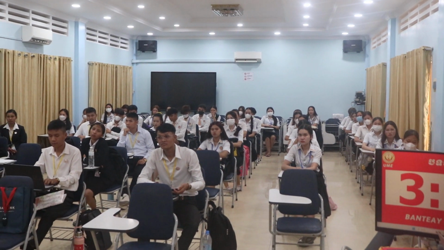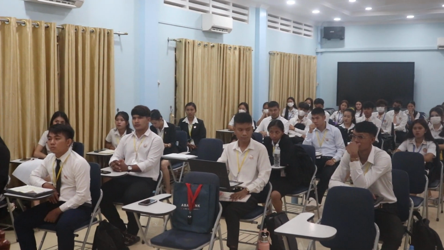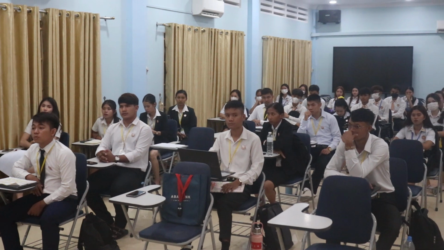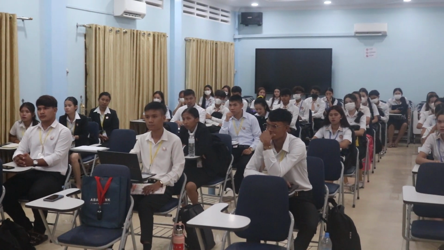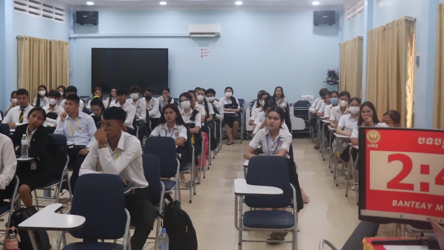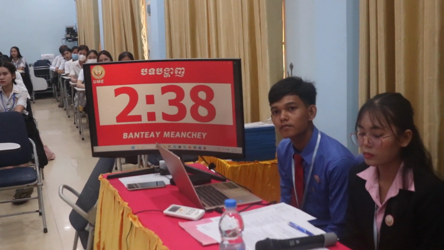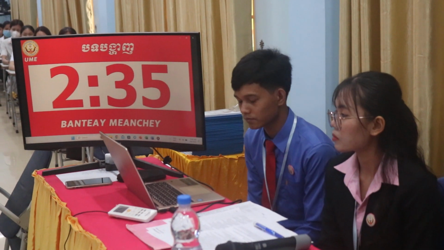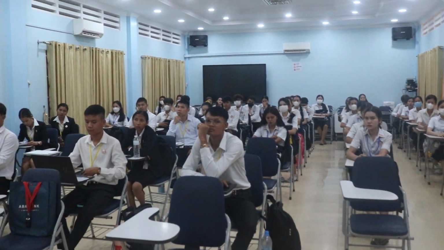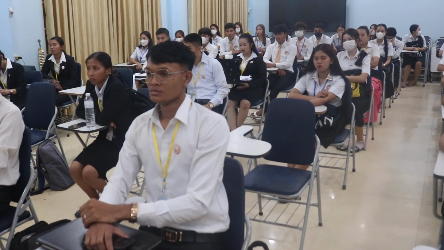Let's talk about their age: 18 to 25, 10%; 26 to 35, 20%; 36 to 45, 30%; and over 46, 40%. Their general English level: elementary 10%, pre-intermediate 20%, intermediate 20%, and upper intermediate 20%. Experience in teaching English: 2 to 4 years, 10%; 5 to 8 years, 50%; and over 10 years, 10%.